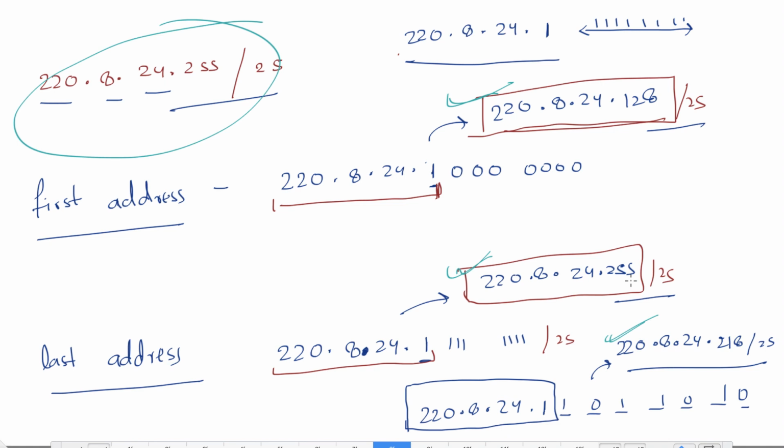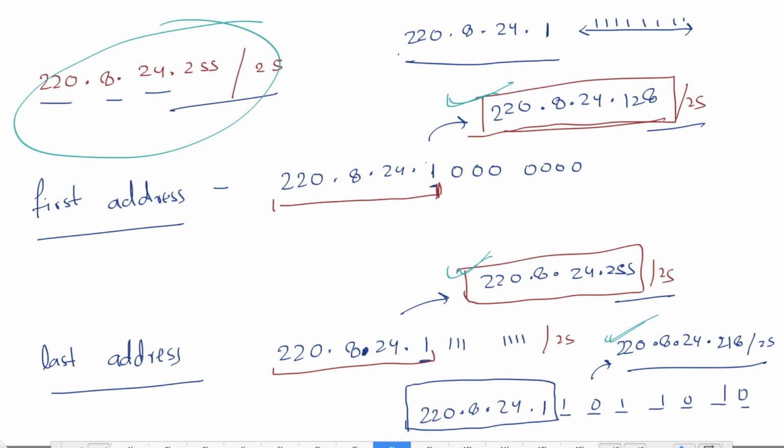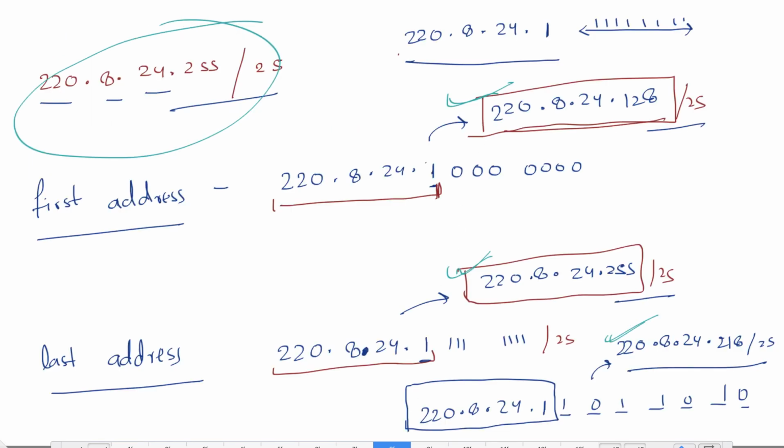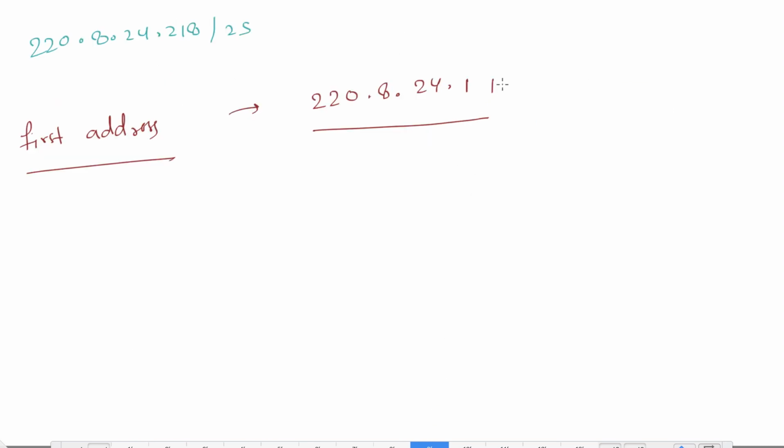If someone asks what is the first address in 220.8.24.218/25, just find out the first address here. What you will do is convert this into binary, and then say that the initial 25 bits are fixed. The 218 you need to convert into binary, which gives its representation.